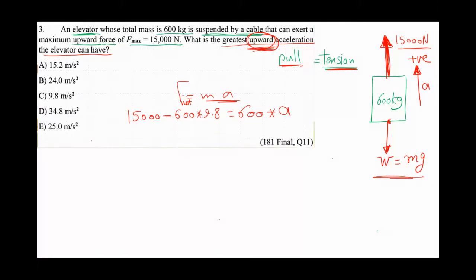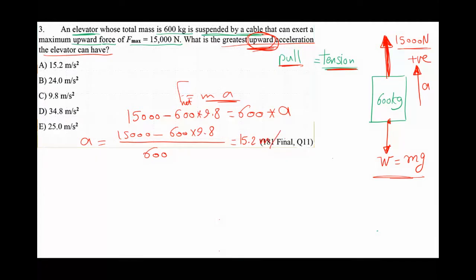So I can find the acceleration equals (15,000 minus 600 times 9.8) divided by 600. That will give you around 15.2 meter per second squared. This is the maximum upward acceleration.